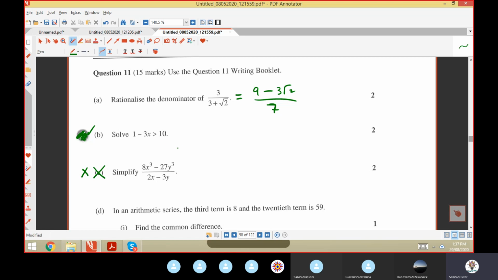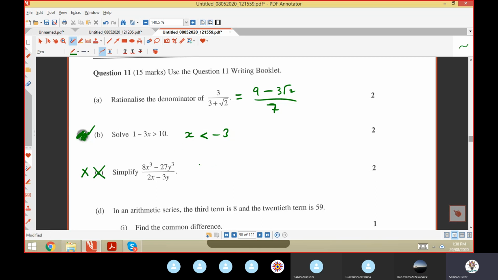And then this one, x equals 11 over 3, less than. Oh wait, never mind. I think x is less than negative 3.